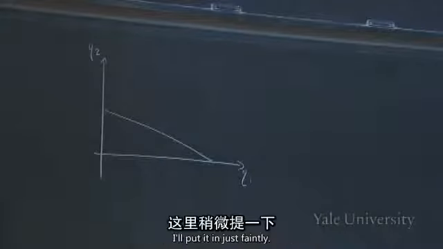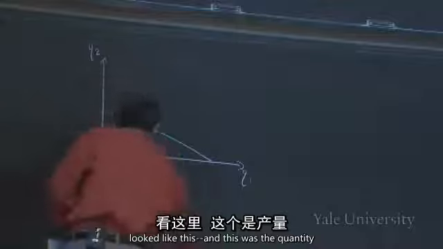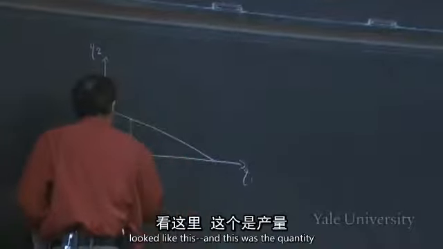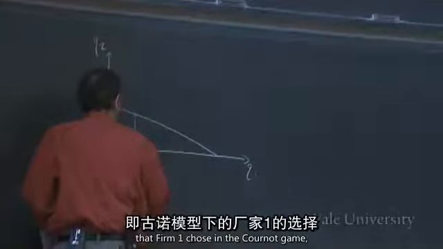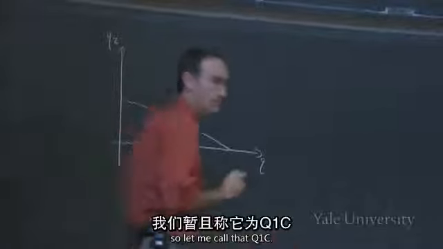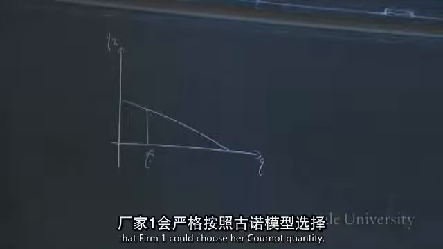I'll put it in just faintly. So here's our old Cournot picture. It looked like this, and this was the quantity that firm 1 chose in the Cournot game. So let me call that Q1C. Certainly one possibility is that firm 1 could choose her Cournot quantity.